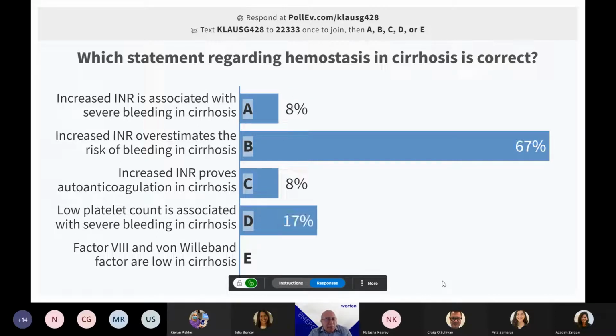And nobody chose the option E, because that's just the opposite, that factor 8 and von Willebrand factor are very high in cirrhosis. And that's one reason why just looking at the INR, which is only considering factors from the extrinsic and common pathway, overestimates the risk of bleeding, because that's compensated by factor 8 levels, which are up to 300% of normal. But we will discuss this later on.